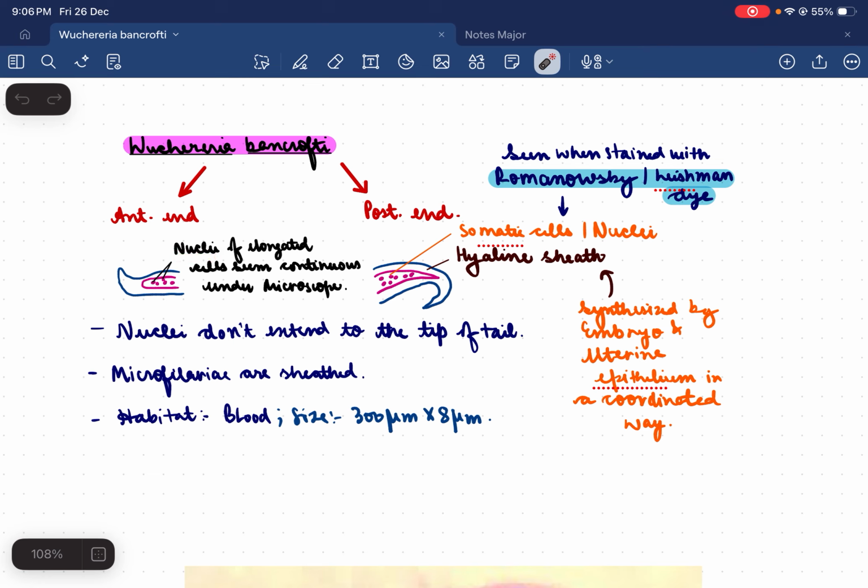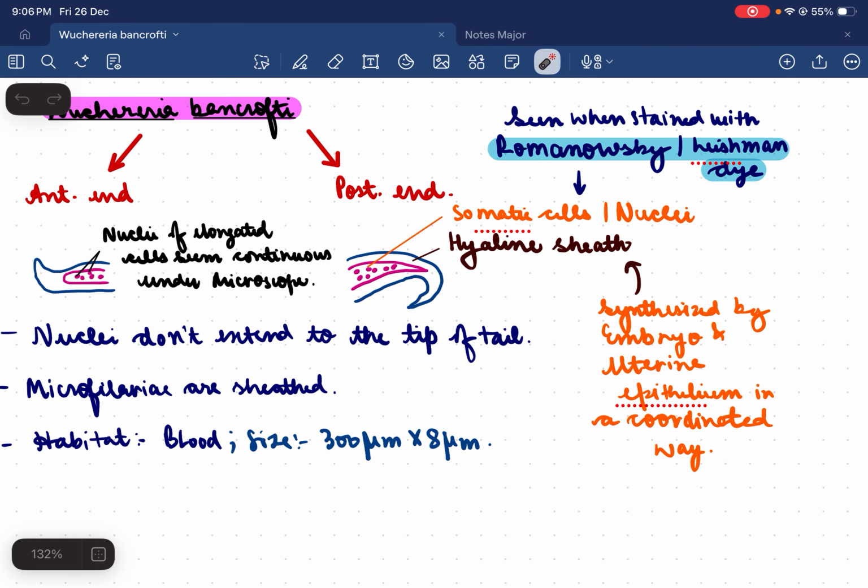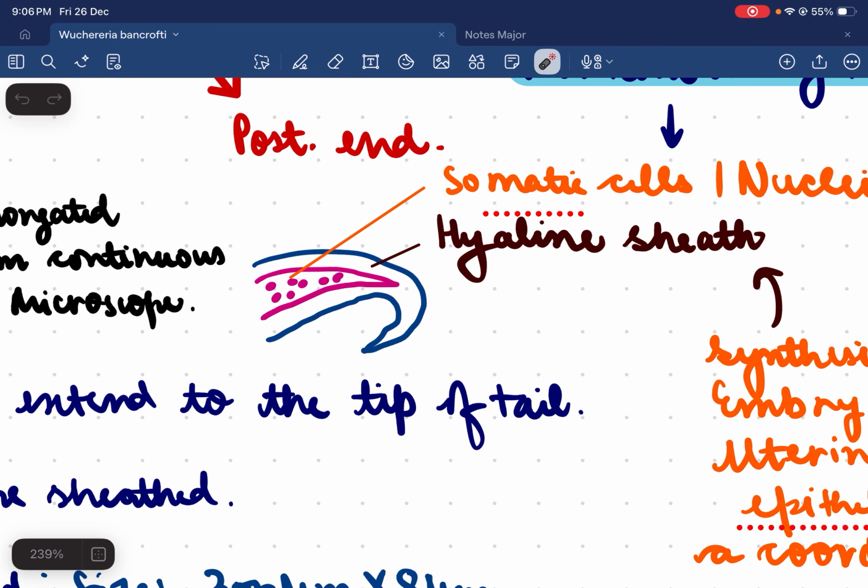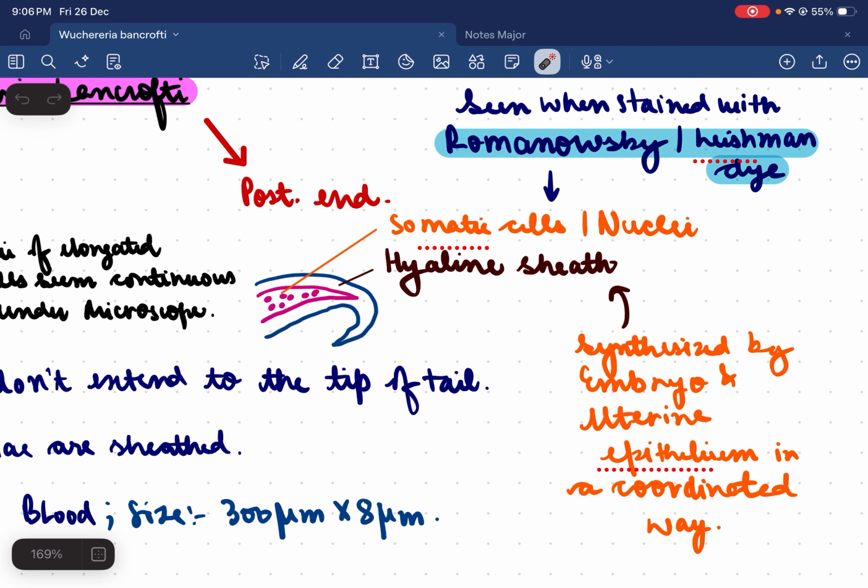And these nuclei are basically elongated cells which seem continuous under microscope, almost like a syncytium. And here in case of posterior end, you can also see that this is true. But if you look closely, these nuclei don't extend till the tip of the organism.